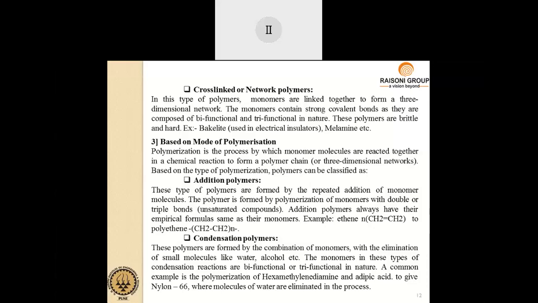These are formed by repeated addition of monomer molecules. The polymer is formed by polymerization of monomers with double or triple bonds. Addition polymers always have the same empirical formula as their monomer. Whatever the formula of the monomers which were added one by one to form the addition polymer, their empirical formulas are the same.